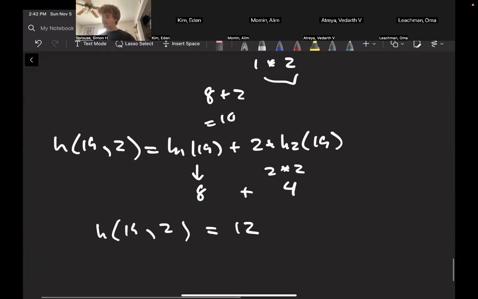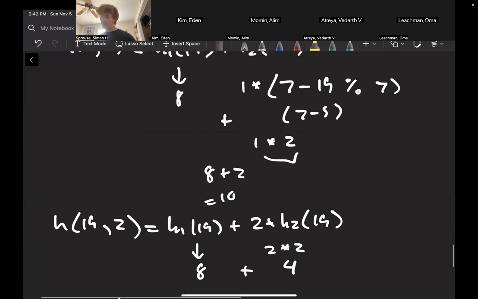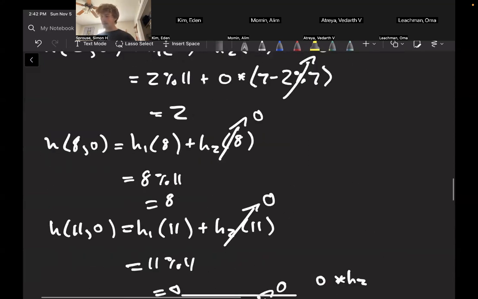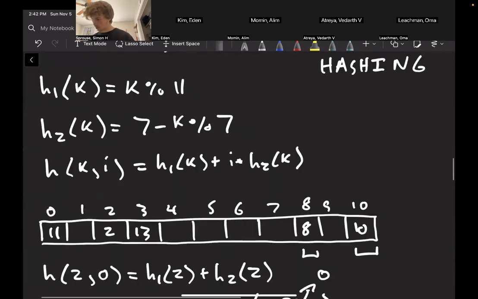Okay, and so we have encountered the same problem that we had with linear probing, is that we didn't specify that our function has got to wrap around. So let me make yet again another addition to our double probing formula, and I promise this will be the last one actually. So now we have accounted for what happens if the input gets bigger than the size of the array.